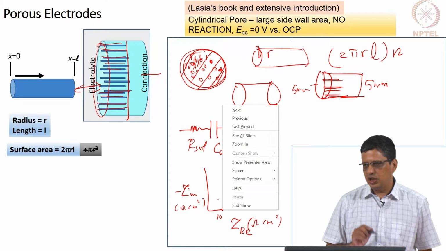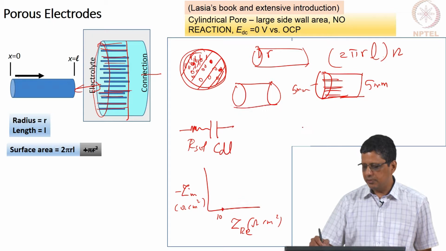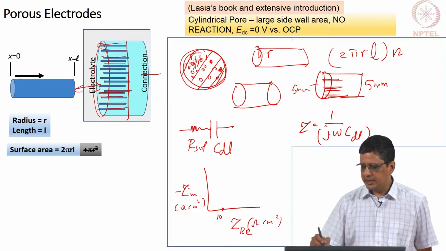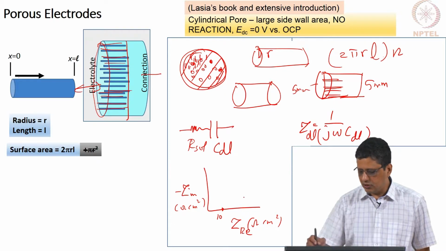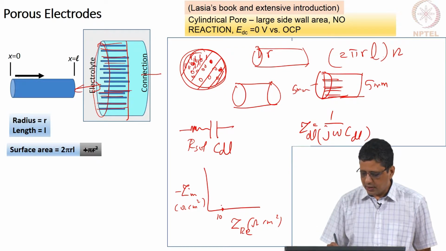Capacitance will offer almost 0 resistance, because the capacitance is going to be giving us an impedance like this, and when omega tends to a large value or infinity, that is going to give us 0, this is going to be our solution resistance.